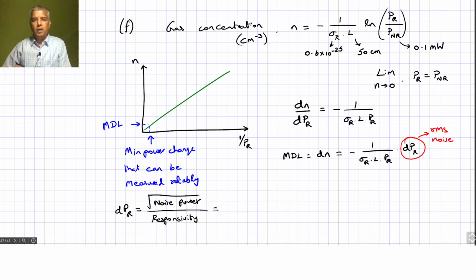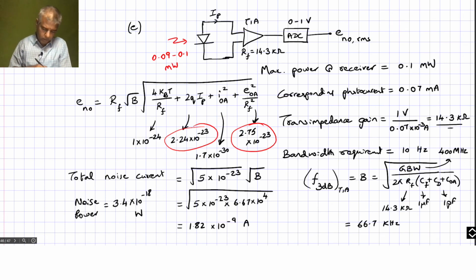Because we are interested in the noise current, because what is happening in the detector is the optical power is getting converted to a photocurrent. So, we need to take the root of that to get the noise current and divide that by the responsivity.